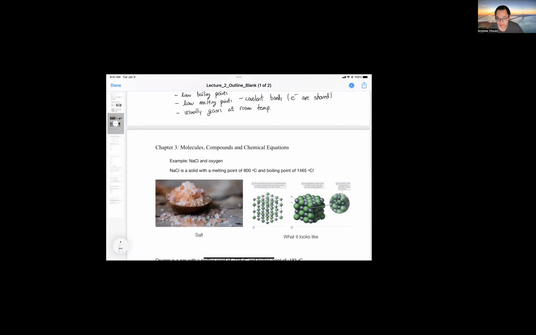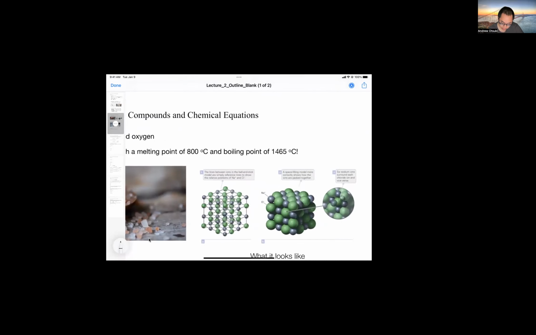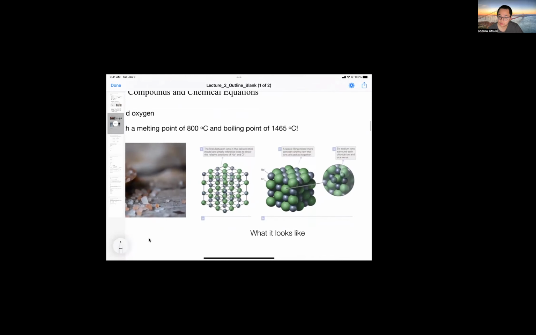Okay, and then in this structure here, we zoom in. This is the actual structure of sodium chloride. You see here it's composed of these sodium ions, Na plus, and Cl minus. So these interact. The structure of the solid is held by these strong positive, negative, attractive forces.